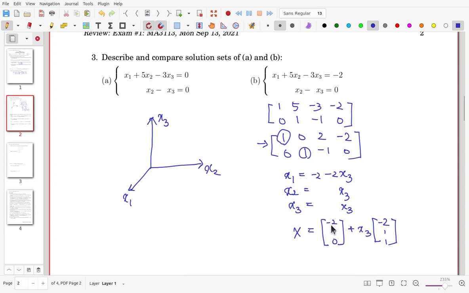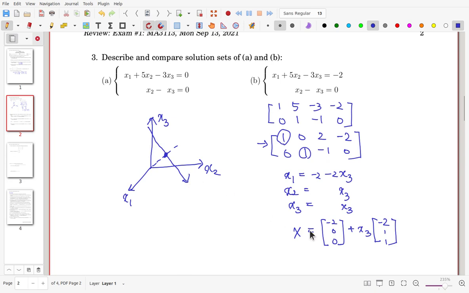For x1, that is a -2, so that is here, over there, that is -2, passing this point, and the direction is (-2, 1, 1), so that we may try to get that line.